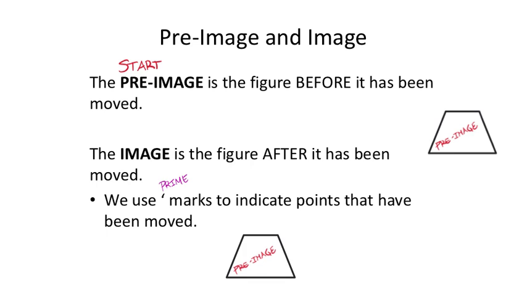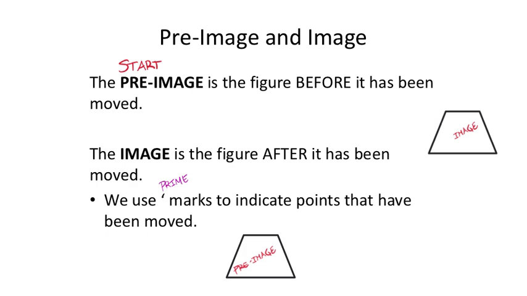Now, since this was my pre-image, this is no longer a pre-image. It's the pre-image that's been moved. So as it turns out, this is what we would call just the image. And that's what we're saying right there. You got a pre-image, then you got an image.